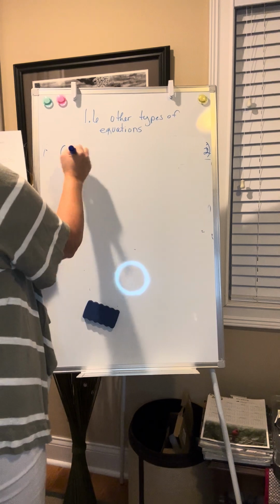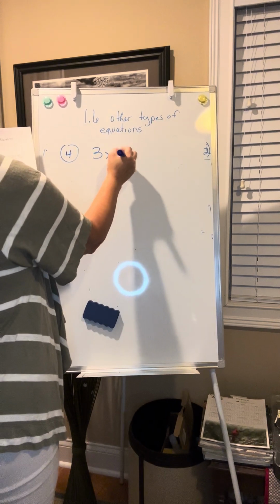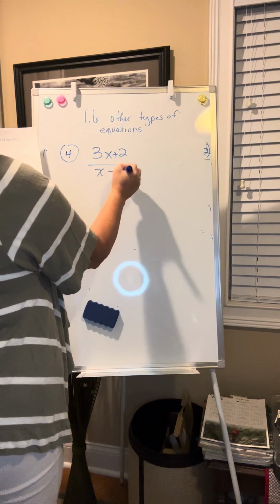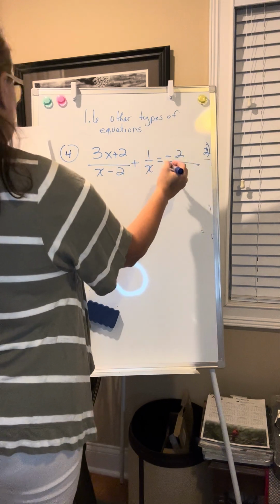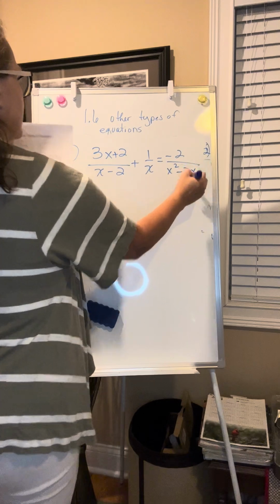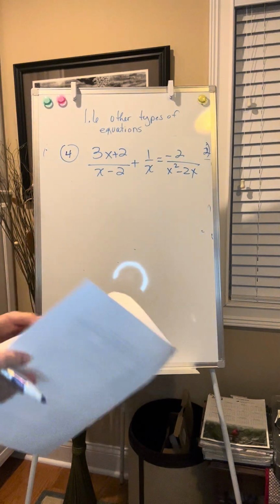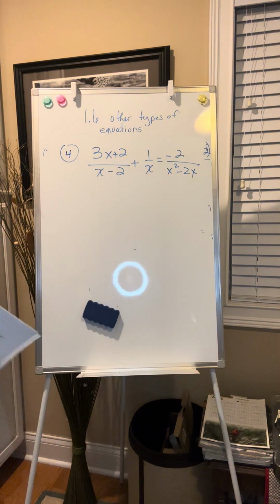Okay, number 4, we have 3x plus 2 over x minus 2 plus 1 over x equals negative 2 over x squared minus 2x. So first step is try to find the LCD so we can times both sides through by that.